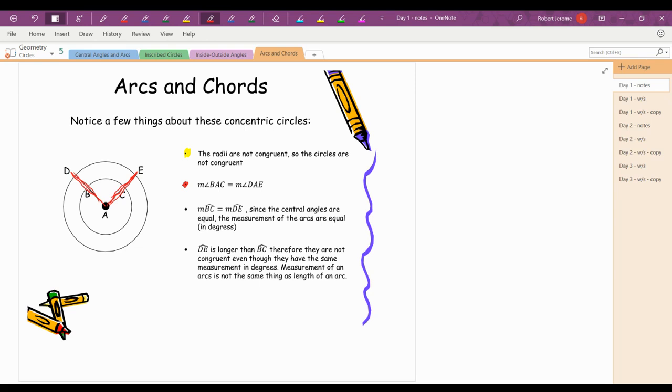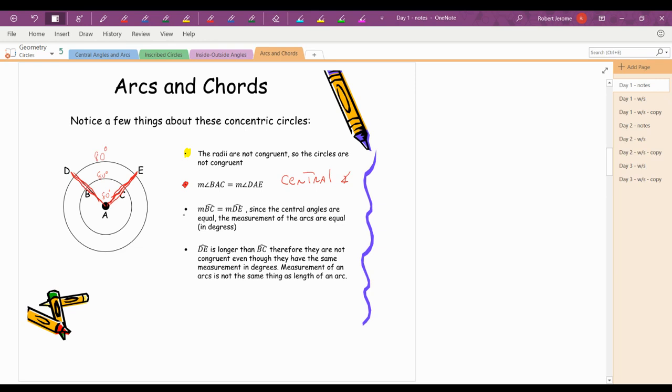They are equal in measurement, and they are both central angles. Now let's keep in mind what that means to us. For example, if we said that this was an 80-degree angle, then arc BC is an 80-degree arc, and arc DE is also an 80-degree arc.